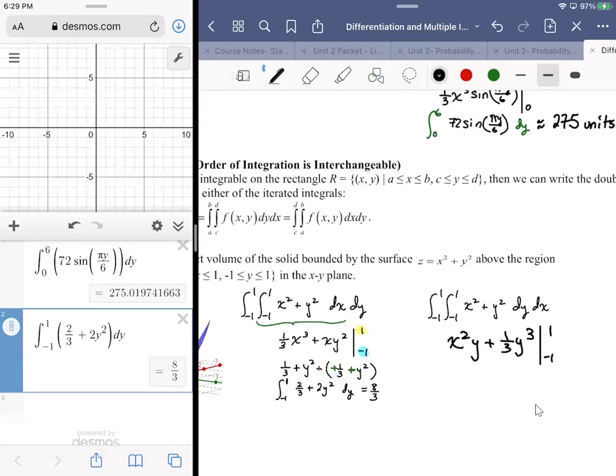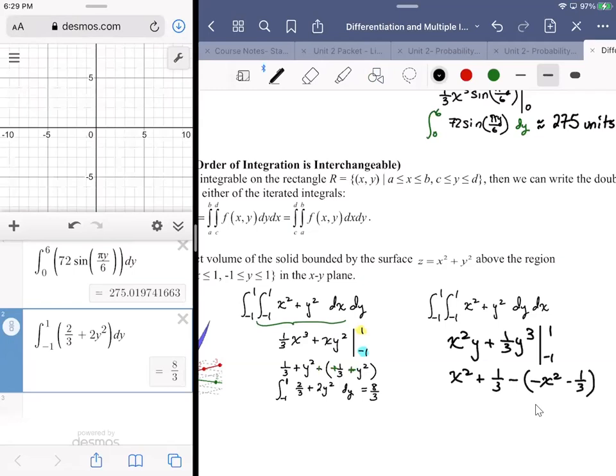If I plug in a 1 for y, I'm looking at x squared plus 1/3 minus, and again, plugging in a -1, I'm looking at -x squared minus 1/3, and you can see that it's giving us the same thing, right? It's leading to the same result.